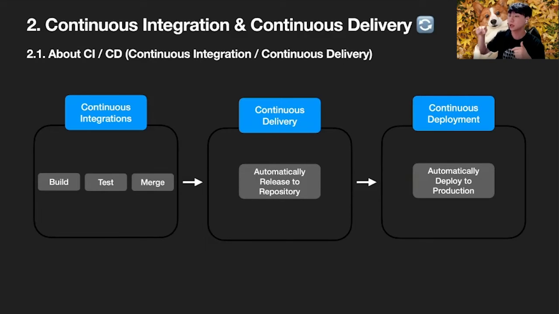That is continuous delivery. Deployment means releasing the changes to the production level automatically, so you don't need operation team members. Deployment just executes scripts or a built system to deploy the application to the production level. So this is the CI/CD pipeline.